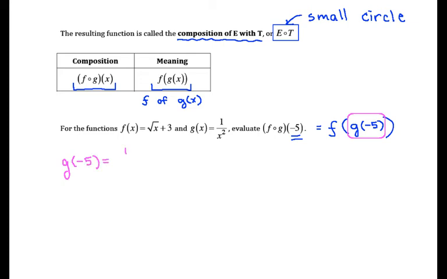That is 1 over -5 quantity squared, which is 1 over 25. So coming back to this expression now, G of -5 is 1 over 25. I'm going to build the rest of this around that.